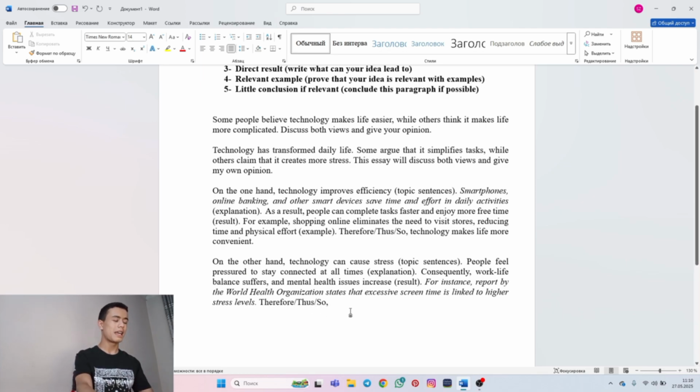Therefore, or even hence we can use here. These show, for this reason, we can write them to give a little conclusion.